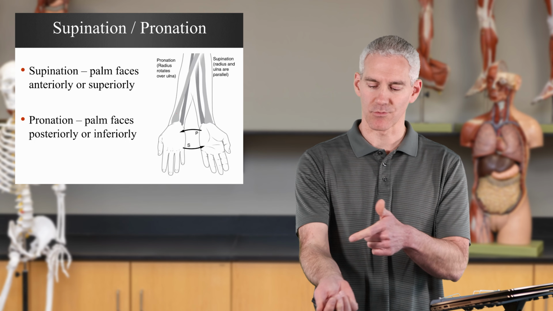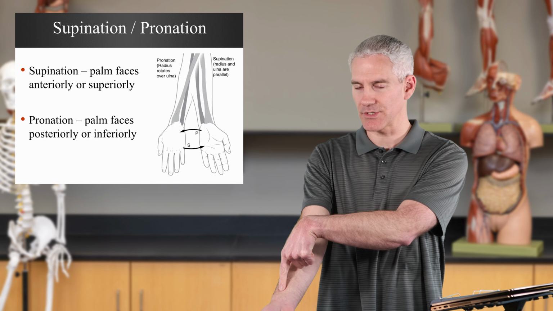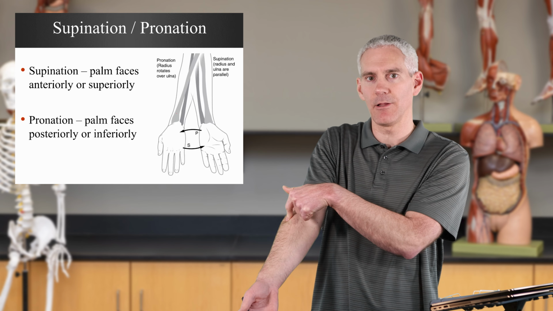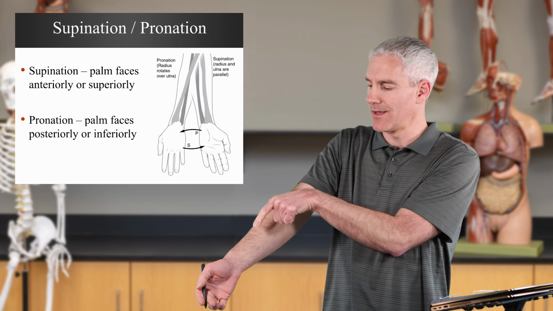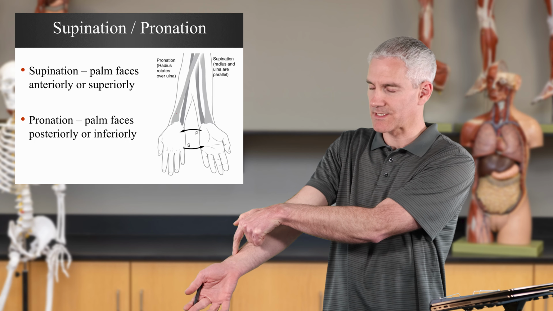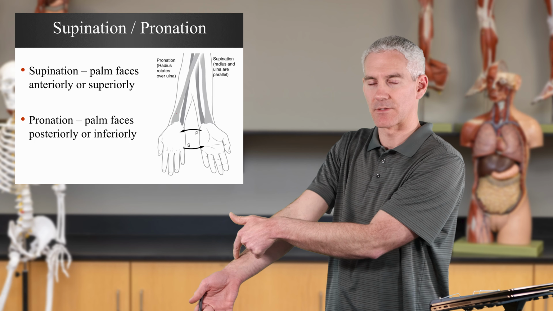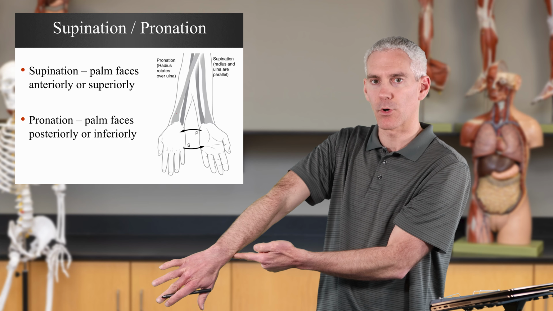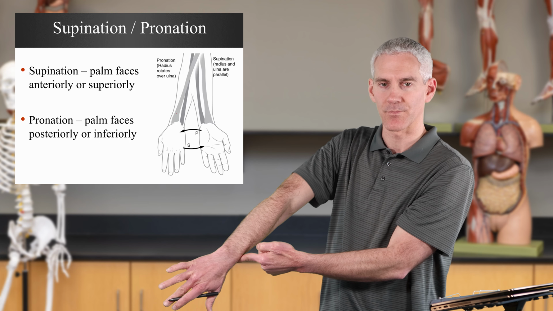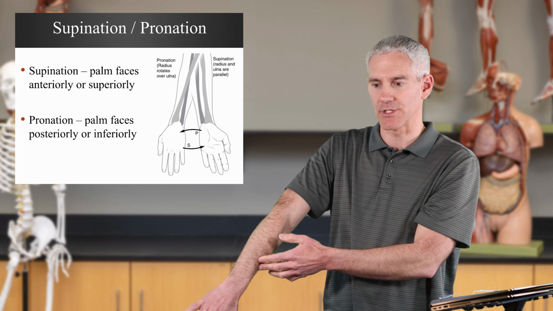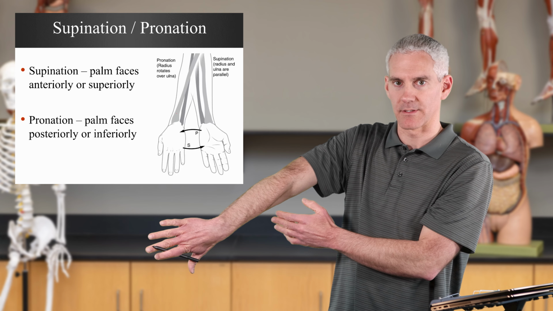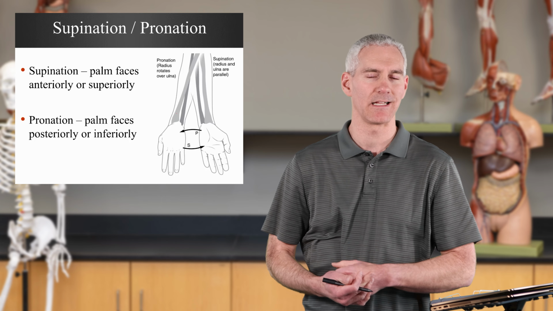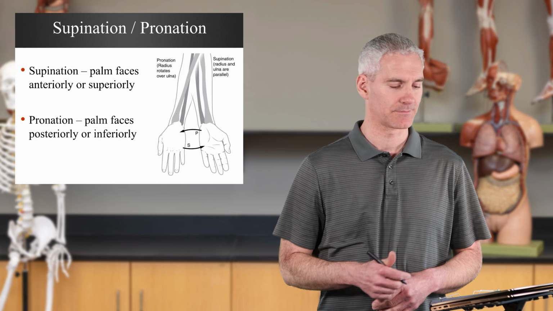So what happens is the radius is actually going to end up coming over the ulna. So the radius up by the elbow stays intact. But down here, notice it starts out away from the body, so more lateral. But as you go through pronation, it becomes more medial, the radius. So the idea of supination, pronation, only available in the forearm. That's it.